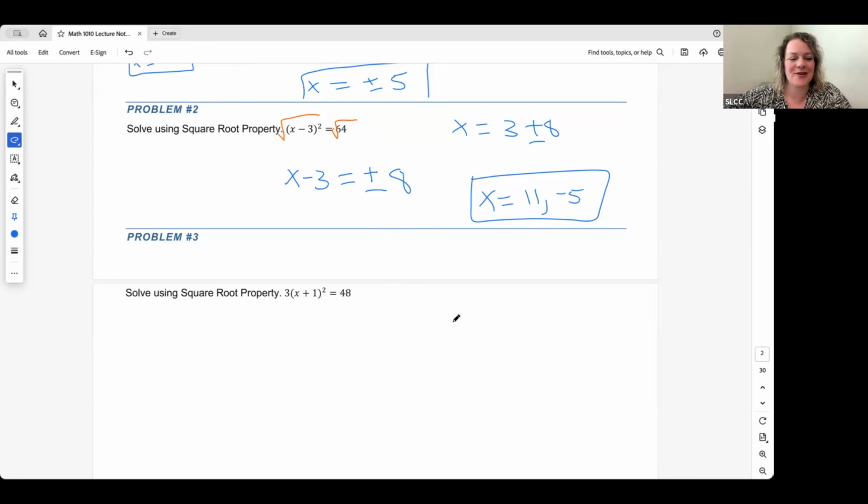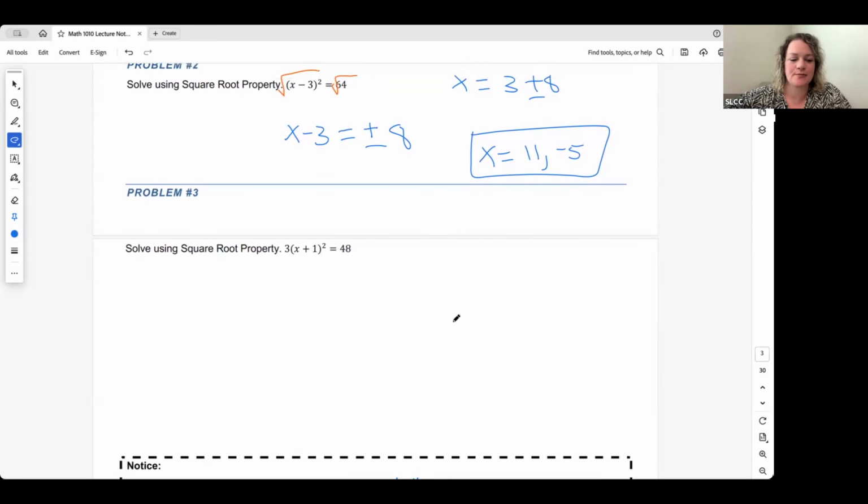Let's do one more together. Problem number 3. What if I have 3 in front? Well, the first step to solving and trying to isolate that variable is to divide. Peel everything off to isolate just the x squared or the binomial that is squared.